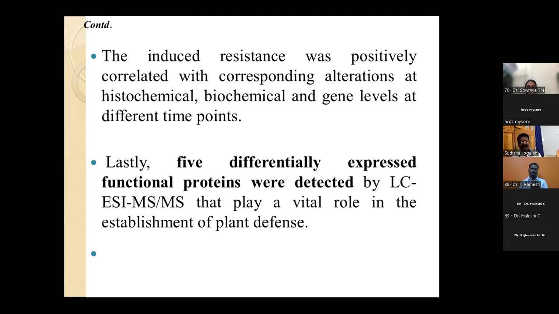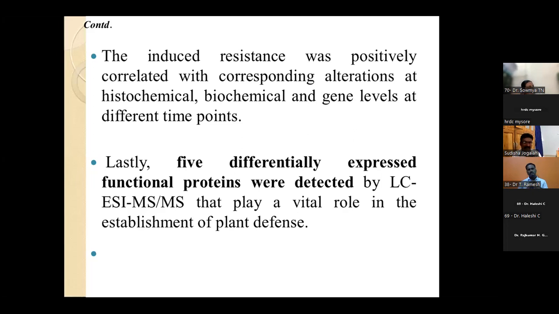Biochemical, particularly the scavenging enzymes we have tested. PAL we have tested, peroxidase, LOX. These are very excellent bioenzymes. Though the pathogen is clever enough or vigorous enough to enter into the cellular system, the next line of defense in the form of biochemical enzymes will not allow the pathogen to colonize inside the host. So its own defense mechanism will be activated, and it will suppress the disease.